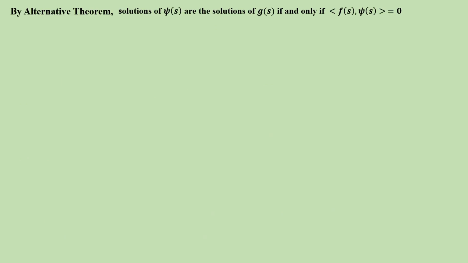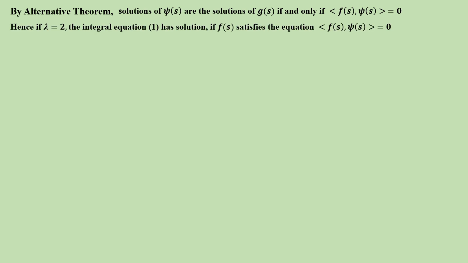By the alternative theorem, the solution exists if and only if the inner product of f of s comma psi of s is equal to 0. Hence, if lambda is equal to 2, the integral equation 1 has the solution if f of s satisfies the equation inner product of f of s comma psi of s equal to 0.